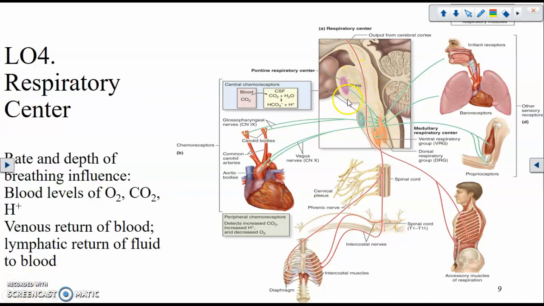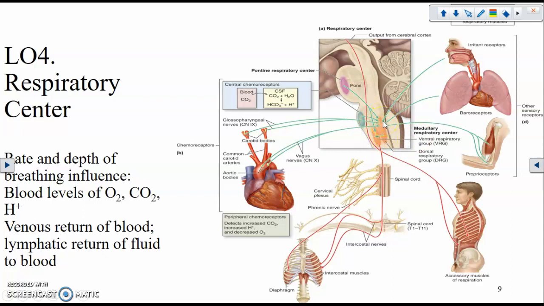In the pons, you have two areas that are not shown here, the apneustic area and the pneumotaxic area. In the medulla, you have the ventral respiratory group, which is anterior, and the dorsal respiratory group, which is posterior.